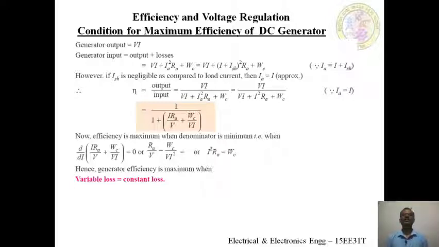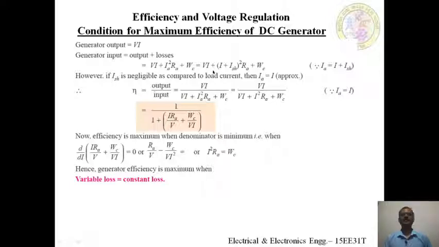The efficiency is given by output by input. The output of the generator is Vi. Generator input is output plus losses. The output is Vi, plus losses, which are variable loss plus constant loss, that is Ia square Ra plus Wc.